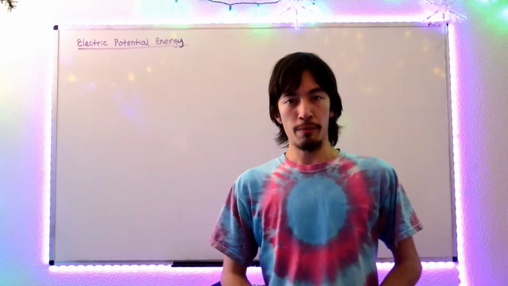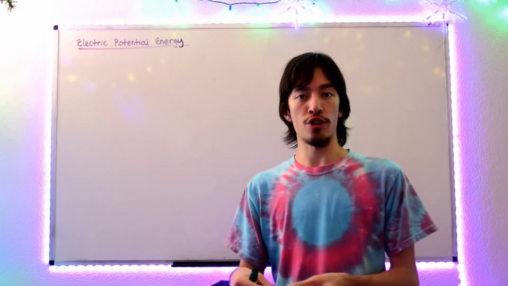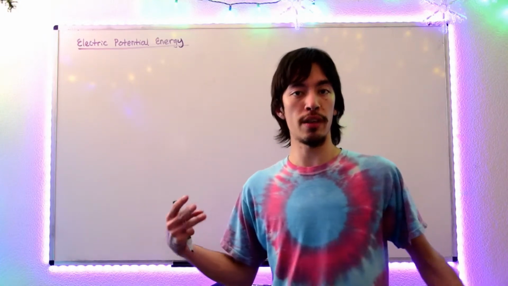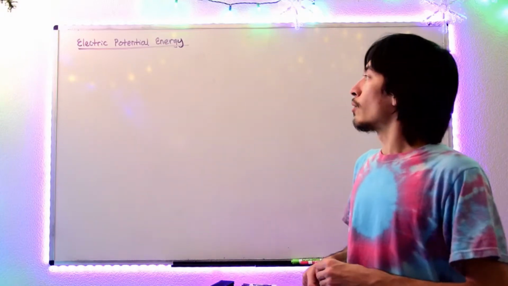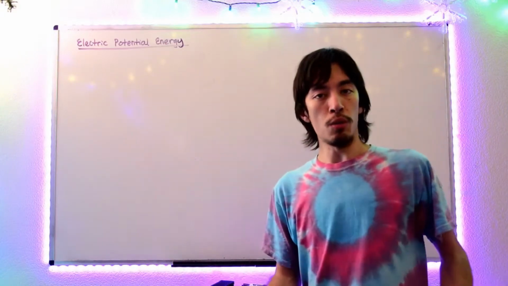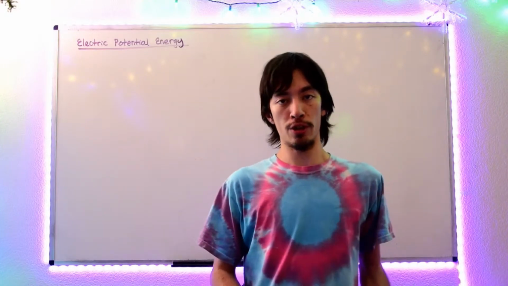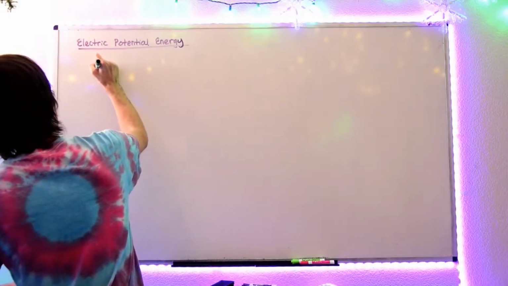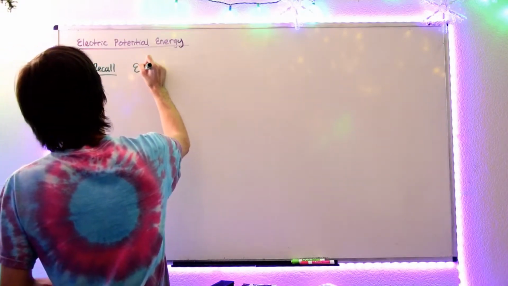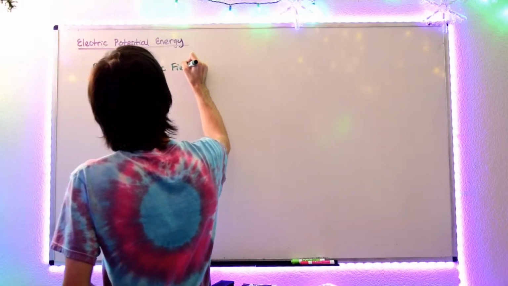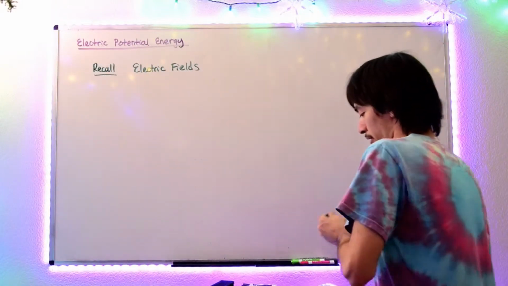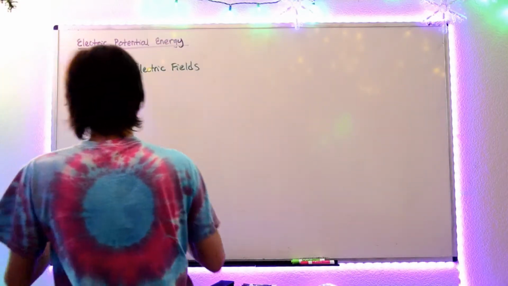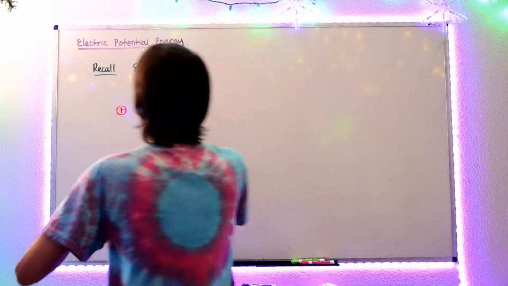So now we have the idea of potential energy, which involves having a charge in the presence of other charges, and it interacts with those charges, so it gives you potential energy. Now, we want to define a new quantity which doesn't depend on that charge being present. Recall from electric fields, we would have some source charge, and it would be the source of some electric field that it would create.